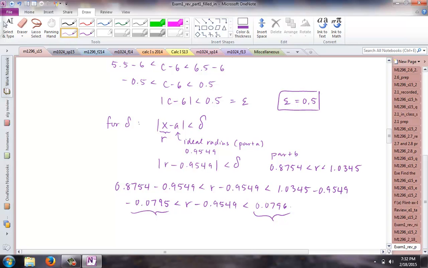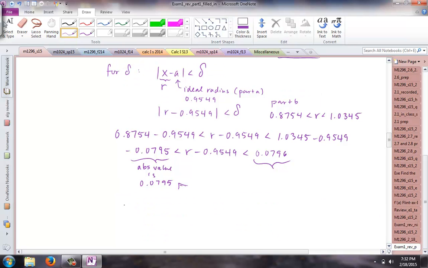So just take the minimum like we normally would, kind of err on that side. So the absolute value is 0.0795. We're comparing these two. Take the minimum, which is 0.0795. I'll write those notes about it now.